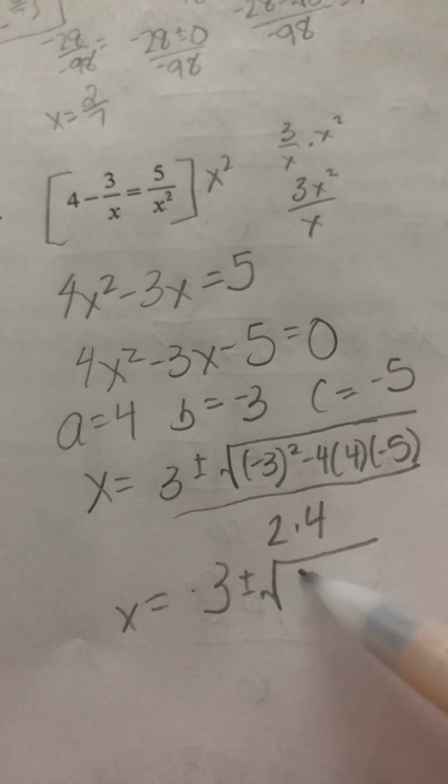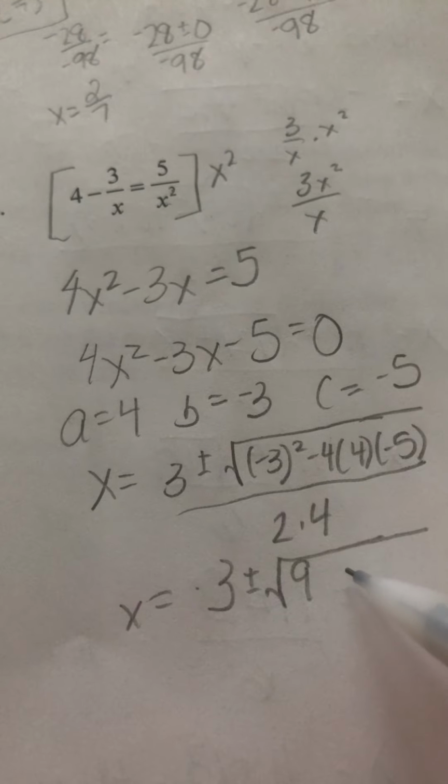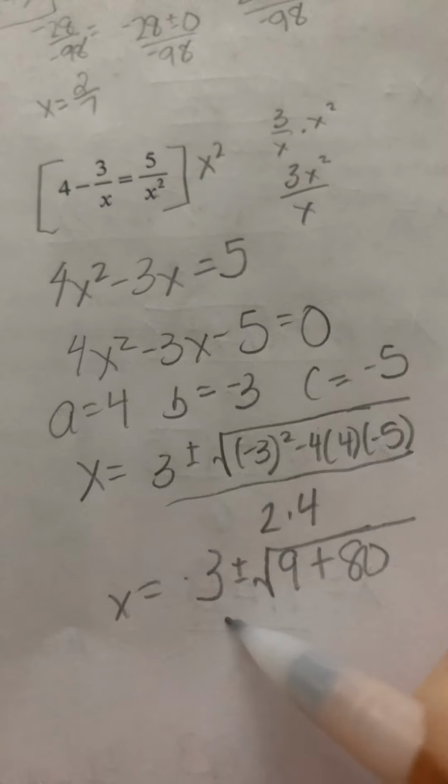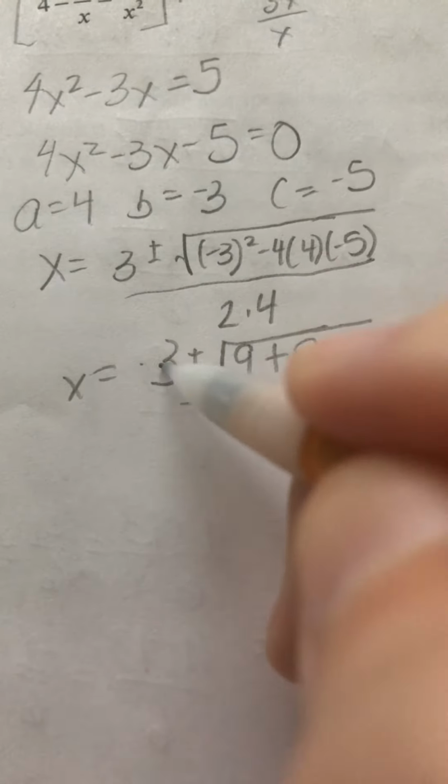This is 9. This is 80. So plus 80, all over 8. That's just a 3.